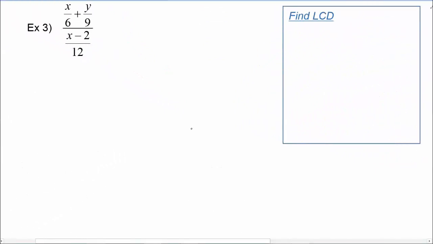In example 3, we introduce variables for the first time. We have x over 6 plus y over 9 in the numerator, and in the denominator we have x minus 2 over 12.